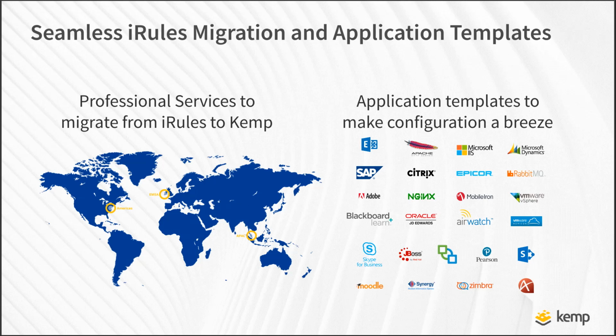So you can load the application template, and then it's just a matter of easily configuring the load balancer for that application because it already knows and understands how that application works. It makes the configuration and management of the load balancer easier. That's a very key aspect of what Kemp is trying to do, is make this technology easy for you to use, consume, and operate.